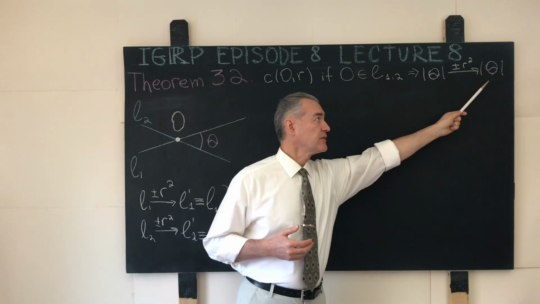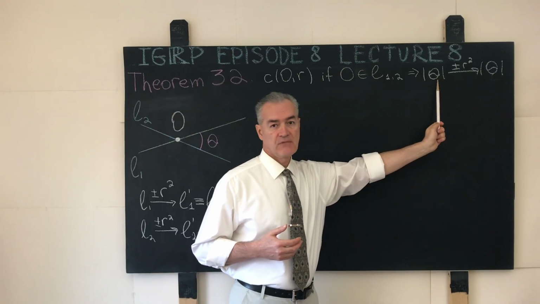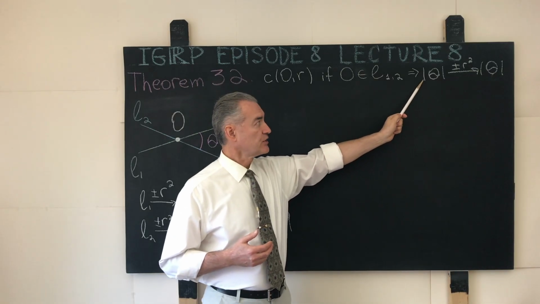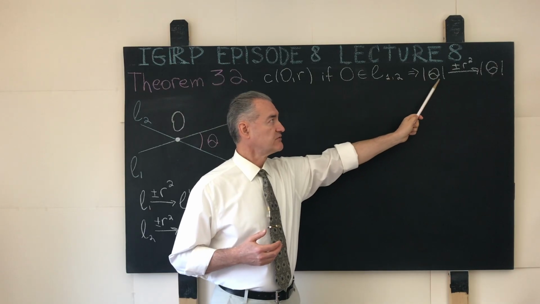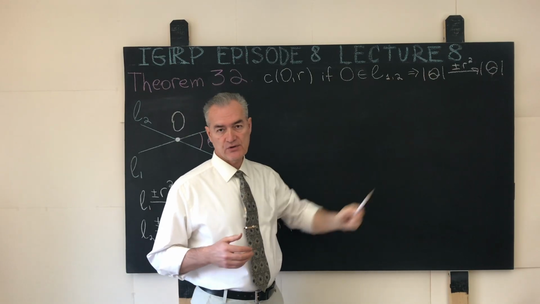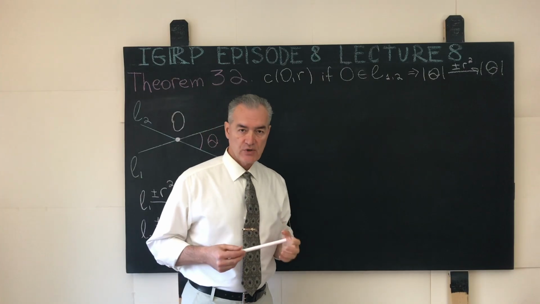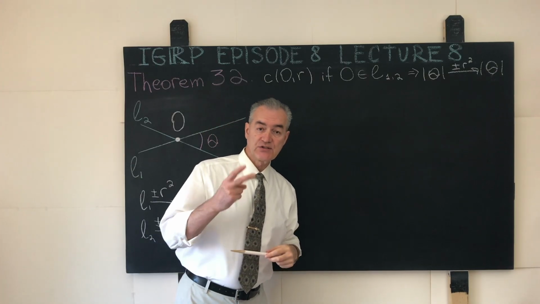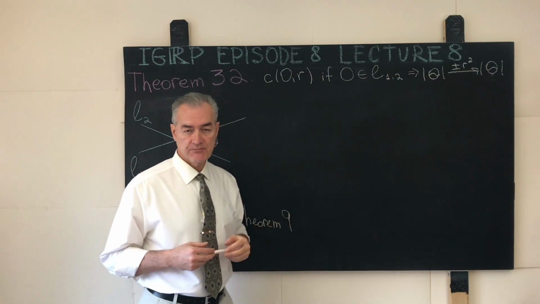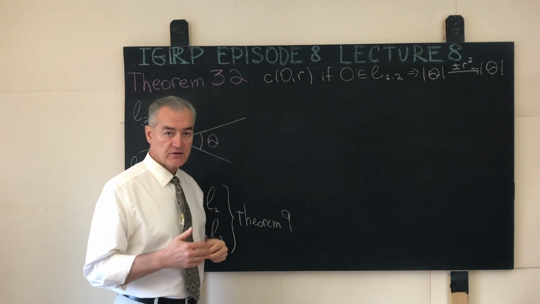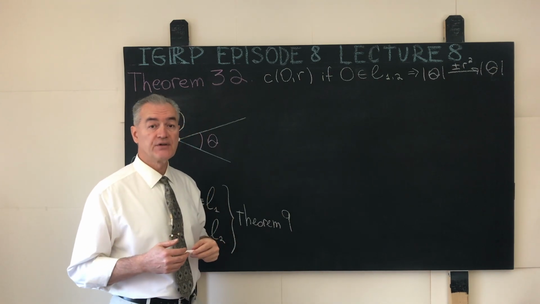The magnitude of the angles I portray over here with the absolute value sign with the vertical bars, because we know that in modern times we assign at least two parameters to every planar angle: the magnitude and its orientation or direction.